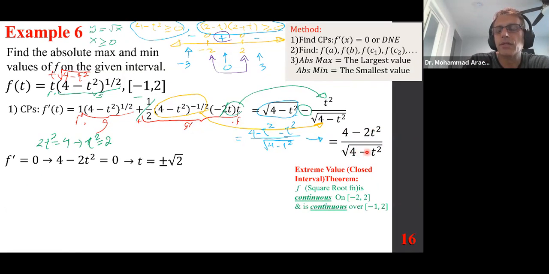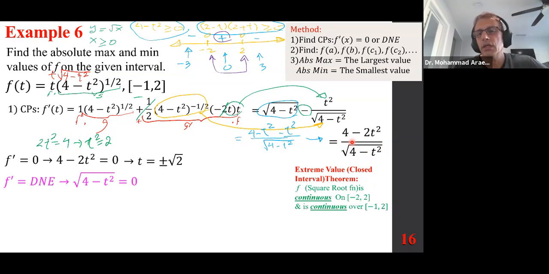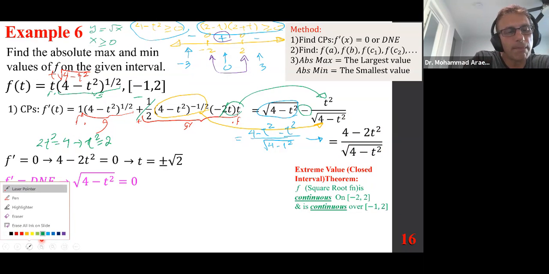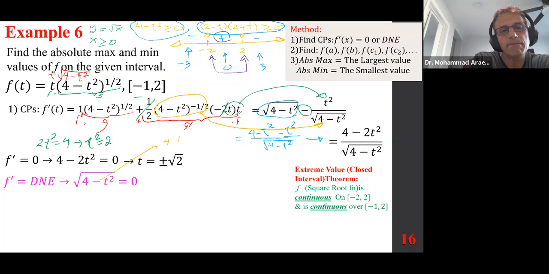F prime doesn't exist. A fractional expression is undefined, it doesn't exist, if the denominator equals 0. So F prime doesn't exist if the denominator equals 0. Now, denominator equal to 0 means 4 minus T squared equals 0.